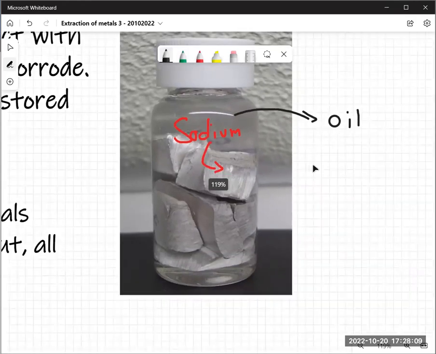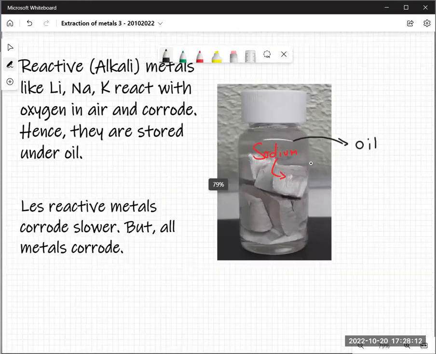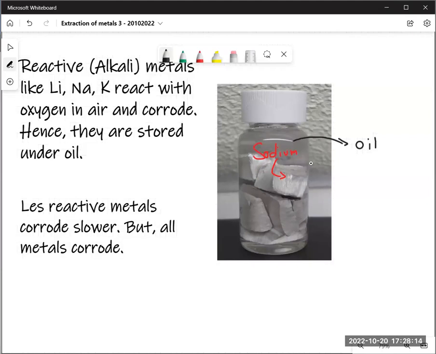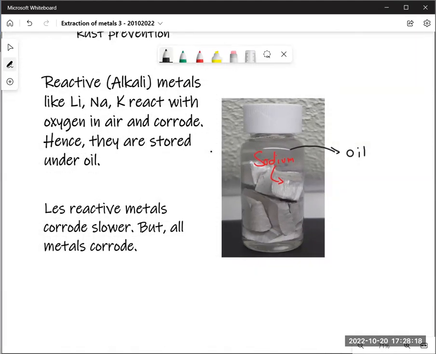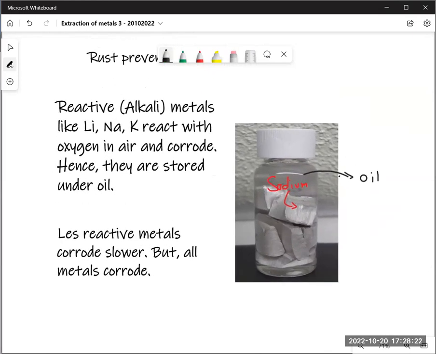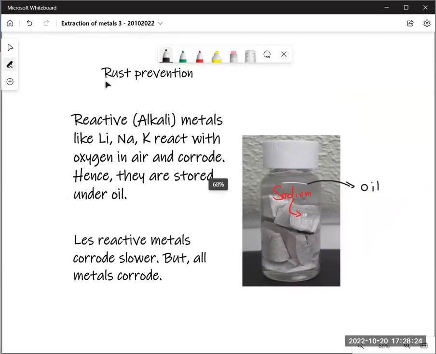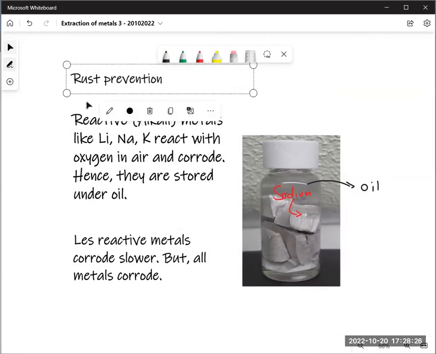Because they're so reactive, if you take it out of the bottle and expose it to air, it's going to react with air. So we don't want it to react with air, so we store it in oil. That's how bad the problem of rust is. If you put it in air for just 10 seconds, it's going to rust.